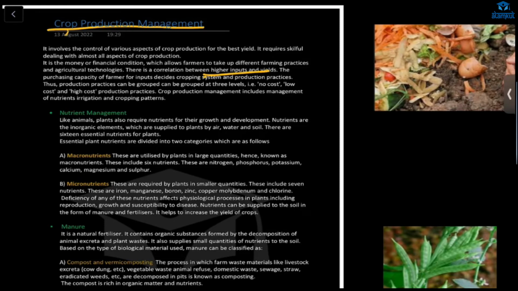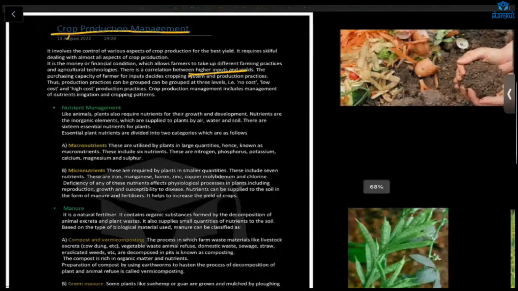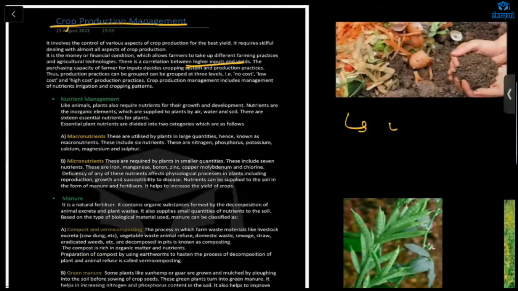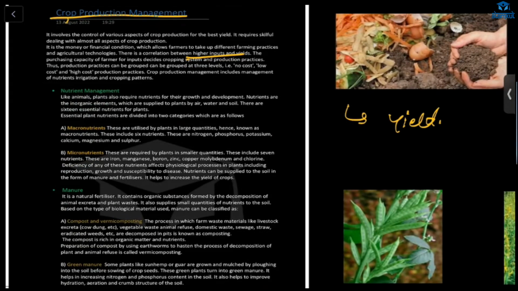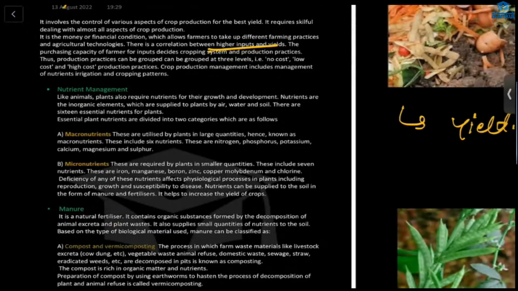If we put in more nutrition and give more manure and water, we will get higher yield, but optimally. Don't think that if we put more nitrogen, phosphorus and so on, it will keep increasing; there is a limit. You have to put the optimum. Beyond that, it will be toxic.